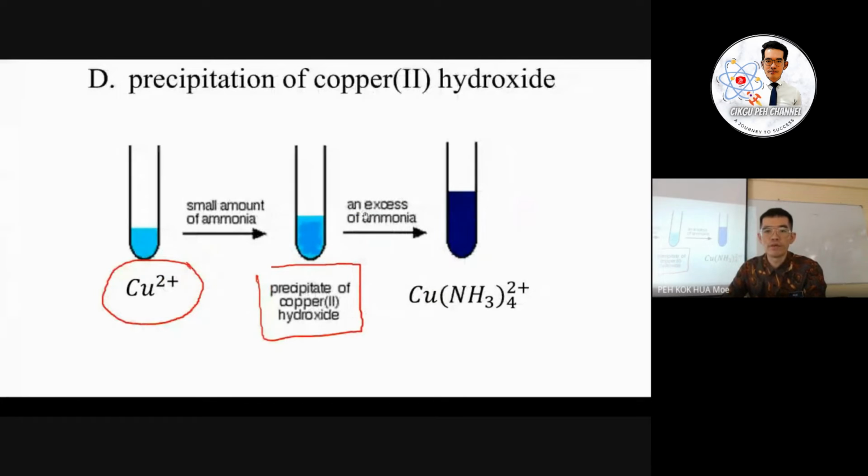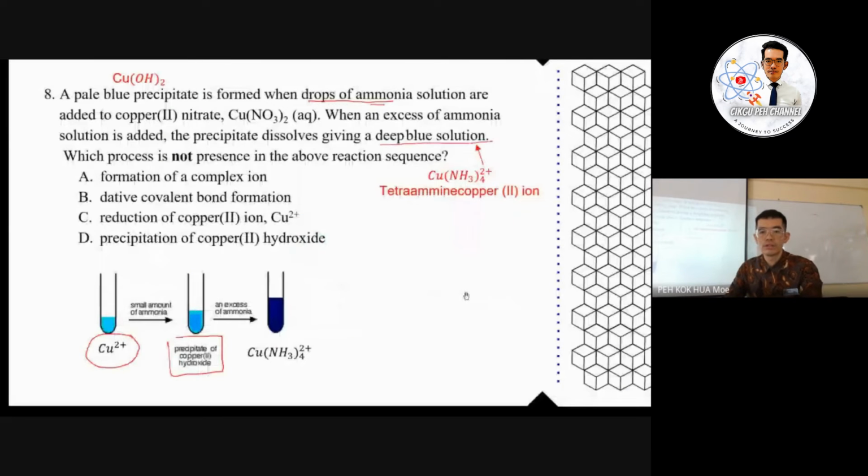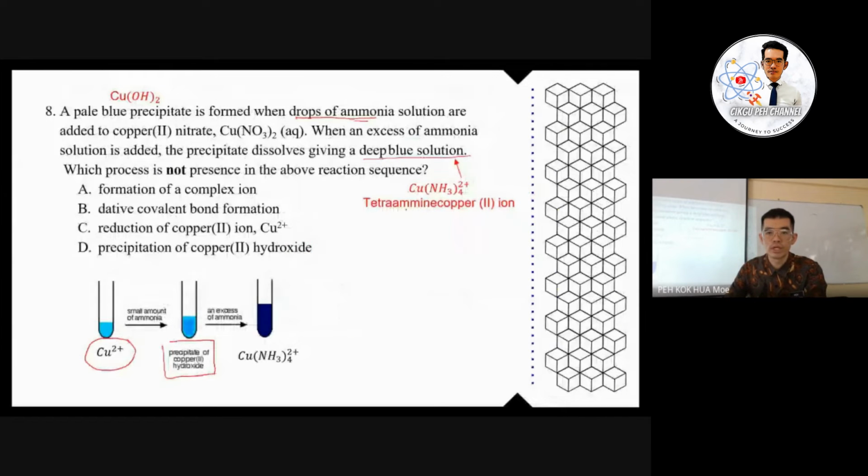When we give excess ammonia, the complex ion will be formed. The complex ion here is the tetraamminecopper(II) ion. So first, we are sure that the formation of the complex ion occurs here, which is the deep blue solution. Second, there is dative covalent bond formation here, 4 dative bonds.